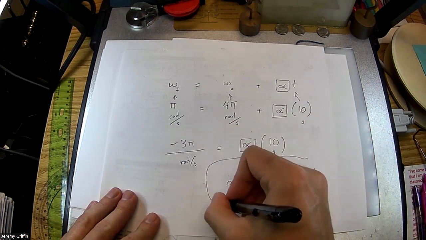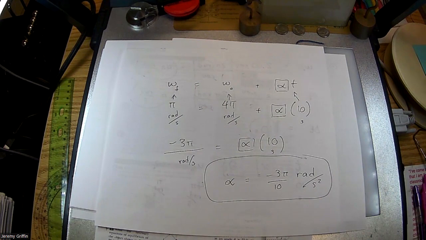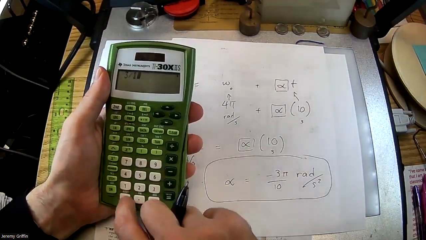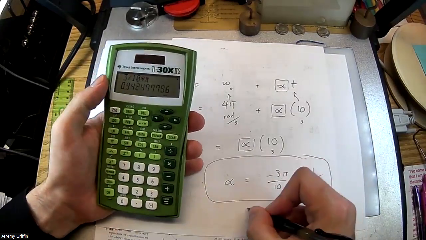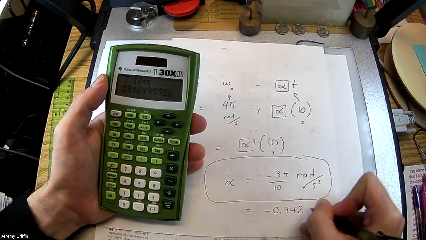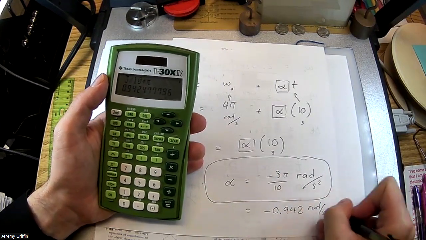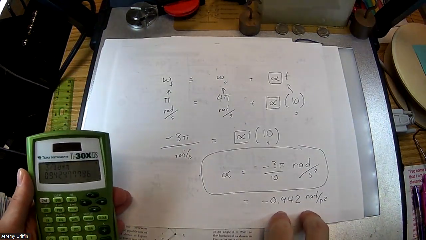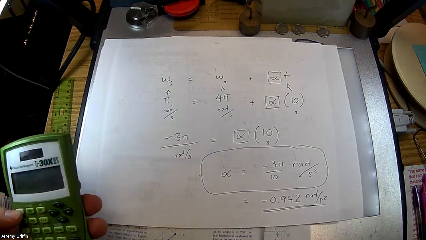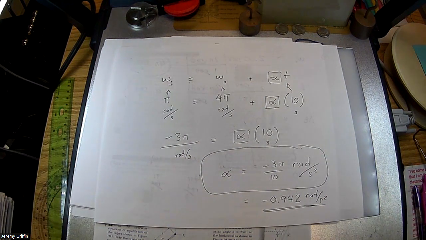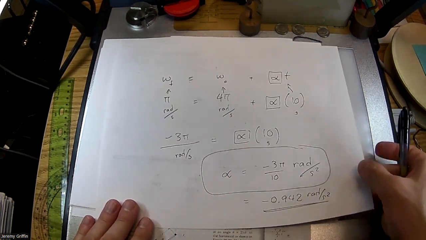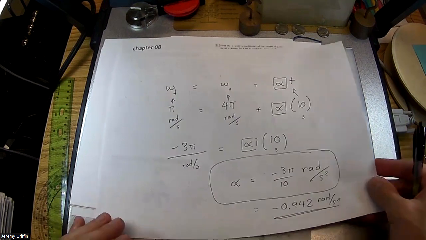Are you guys getting that right there? 3 pi over 10. Did you guys get this number right there? Is that what you guys got? Okay. And since the textbook gave three significant figures, that's probably what they're looking for. So that's the rate that it's slowing down. Is it a fraction or a decimal? It's negative.